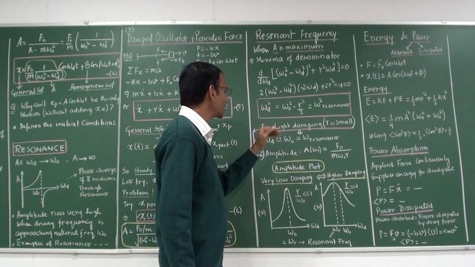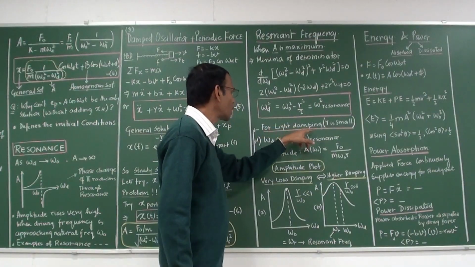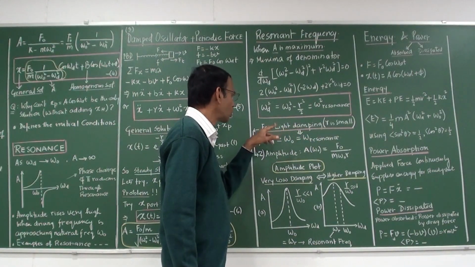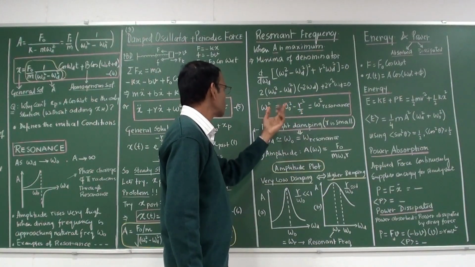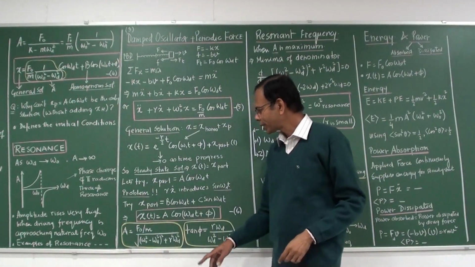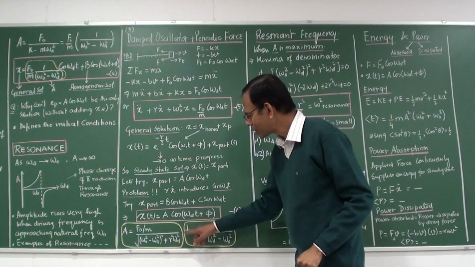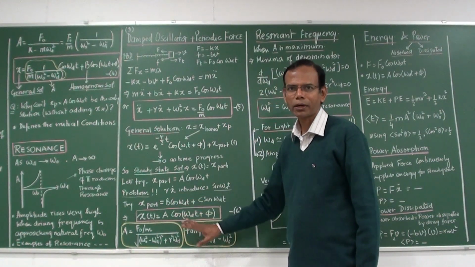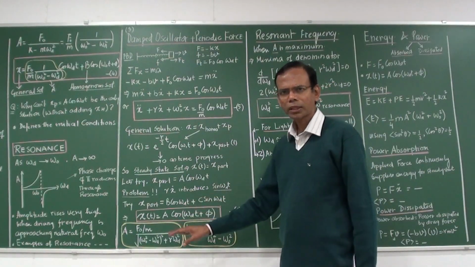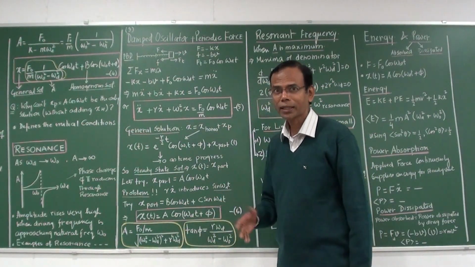To calculate the amplitude for very low damping, you substitute this value of omega d and neglect the higher order terms. That means neglect gamma to the fourth and higher order terms, keeping the lower order terms of gamma, because we cannot neglect gamma completely.